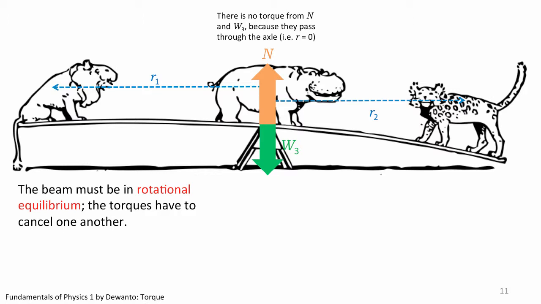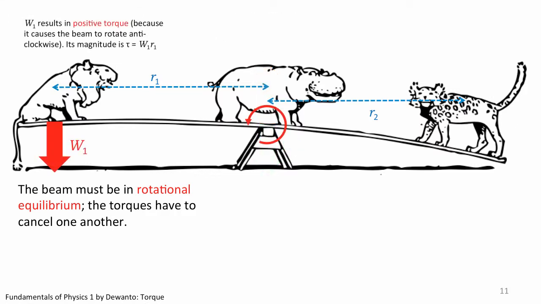Leon's weight causes the beam to rotate anticlockwise. If you apply the right-hand rule, you will notice that the torque is pointing to you, out of the screen. Go on and try to apply the right-hand rule and convince yourself that it is the case. Now, just like forces, we have positive force if it is pointing along the positive x-axis or positive y-axis, and negative force if it's pointing in the opposite direction.